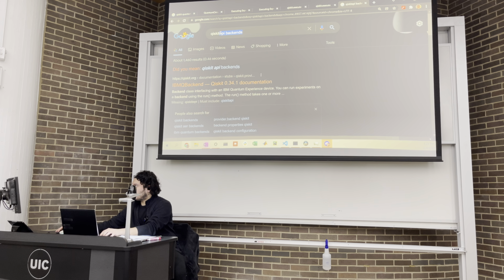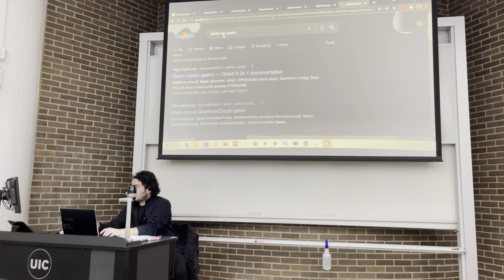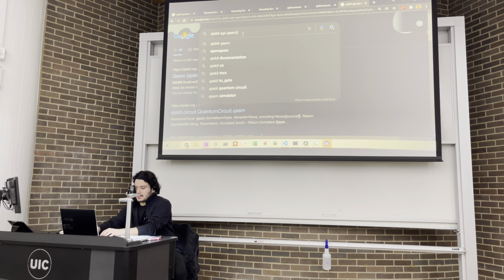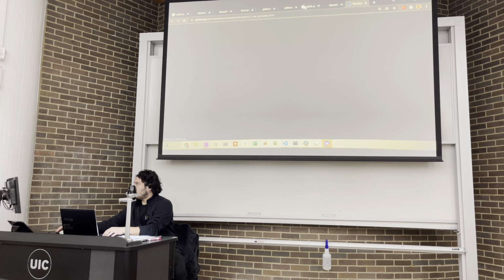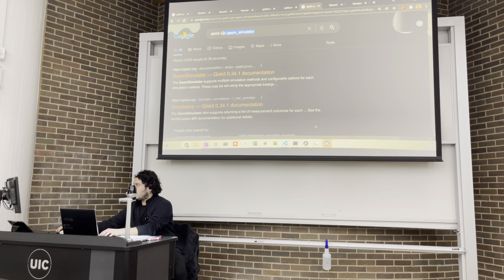Qiskit API, IBM Q. No. Chasm simulator. We're probably going to find the answer by looking at the Aer simulators, to be honest. So we're going to open this. Simulators, here we go.